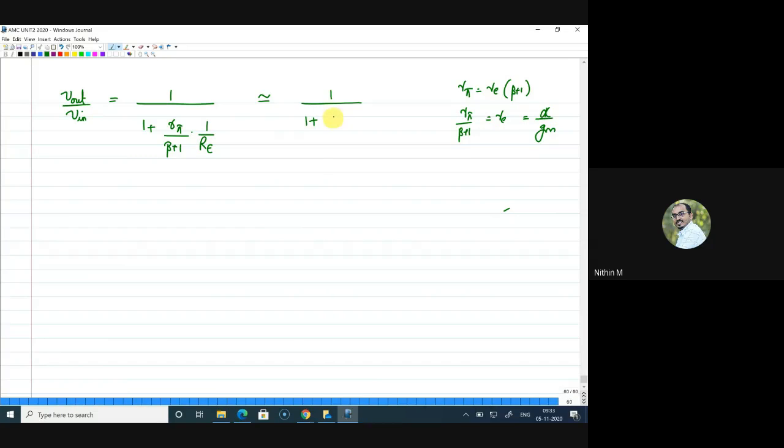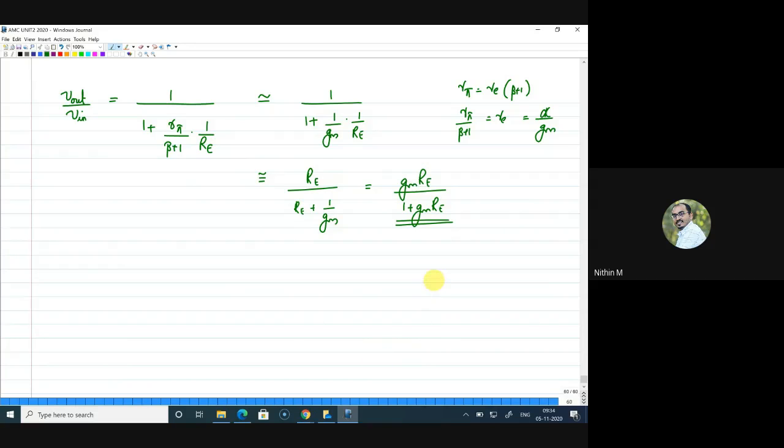So this can be approximated as RE divided by RE plus 1 by Gm, or this can be written as Gm RE divided by 1 plus Gm RE, which is the same as the MOSFET amplifier expression.